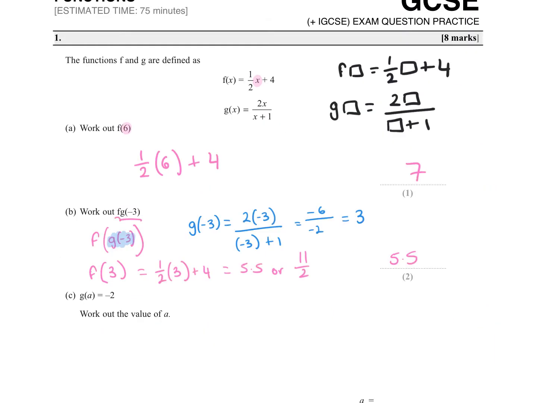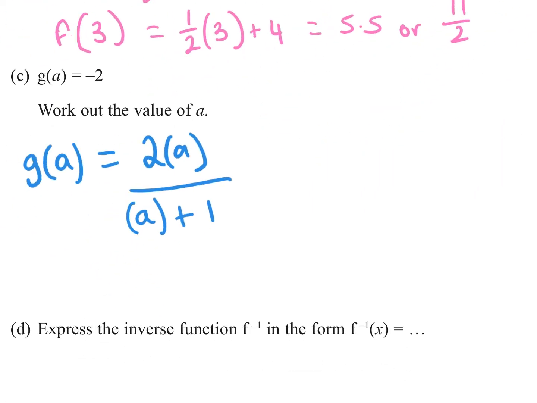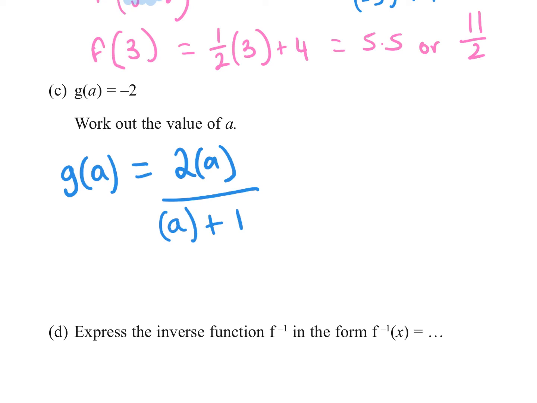So, part C says g of a equals negative 2. So I'm just going to write this down. g of a is then 2 lots of a over a plus 1. Okay? So I can simplify this to 2a over a plus 1.